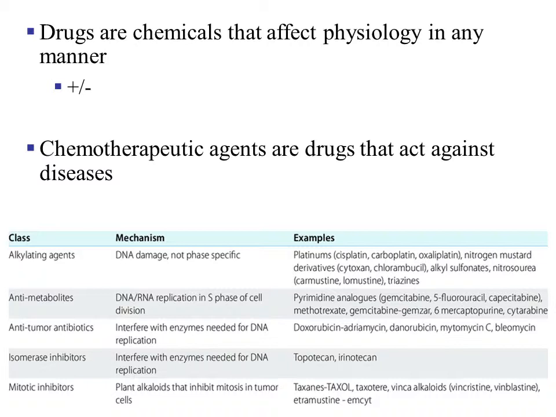We are also going to talk about chemotherapeutic agents. These are drugs that act against disease. You most commonly know about the drugs that affect cancer, but chemotherapeutic drugs are any drug that will negatively affect the disease.